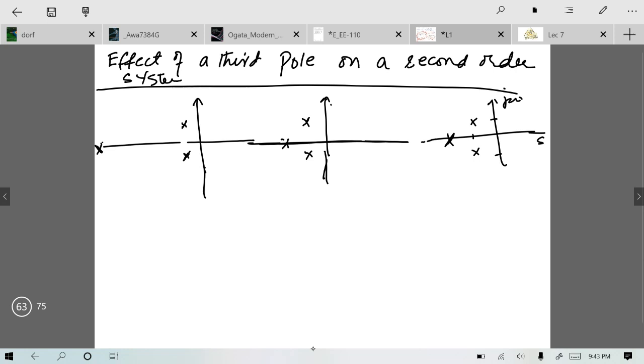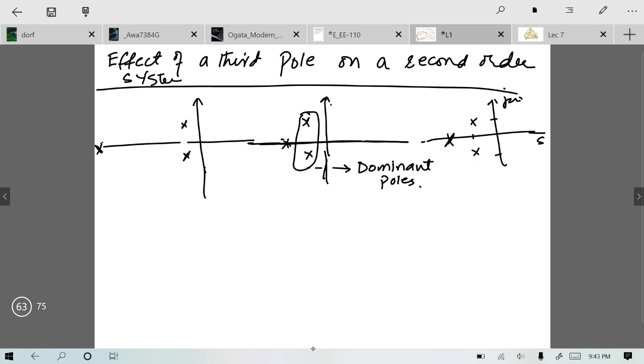If this third pole is near to these poles, which are called dominant poles, then we cannot ignore this pole.